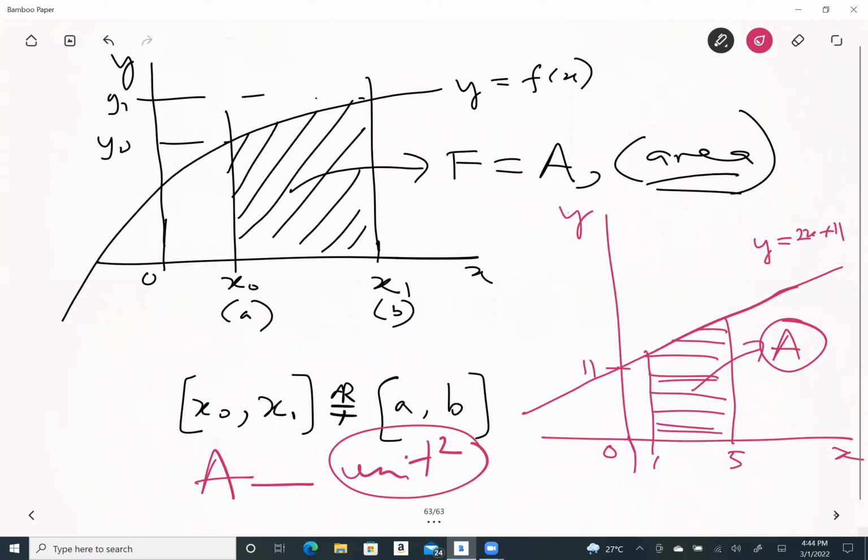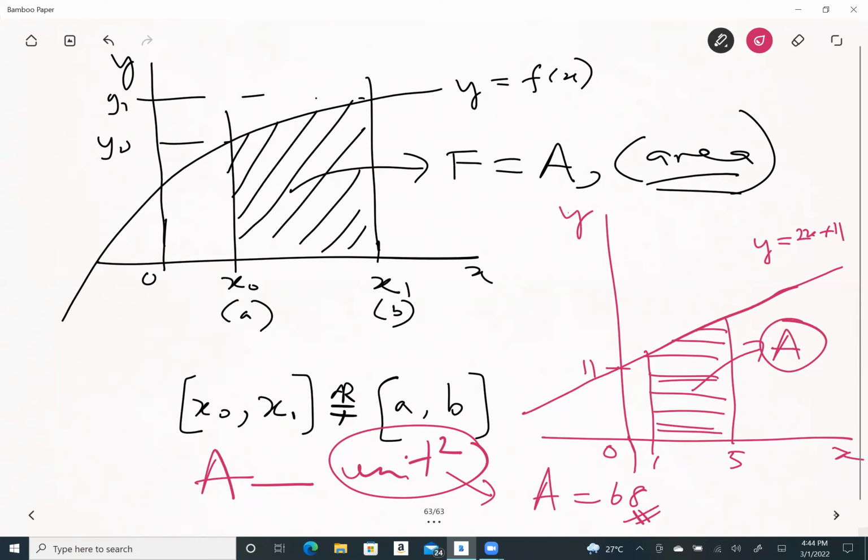But you don't have to say that. In our case, you just say dollars. Just say the definite integral is equal to that, or the area is just equal to 68. Now, what is 68? It is the area under the curve 2x plus 11 from 1 to 5.